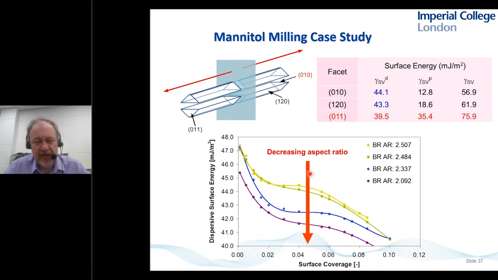But as we change the aspect ratio, meaning the ratio of end groups to side groups effectively, we can see changes in the dispersive energy. So the dispersive energy changed with the aspect ratio, and that ties together, which we would expect. As we change the population of one species relative to another, that's reflected in the surface energies we determine. So the aspect ratio change and the surface energy are linked together.